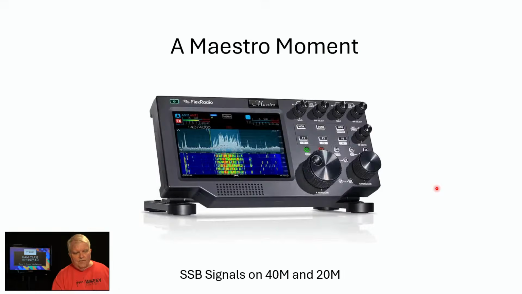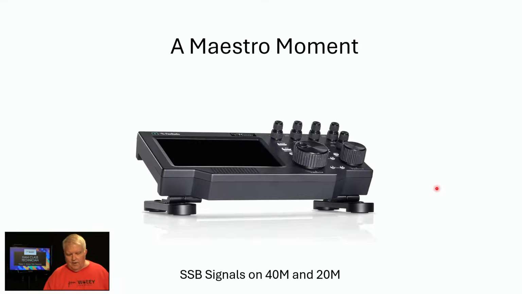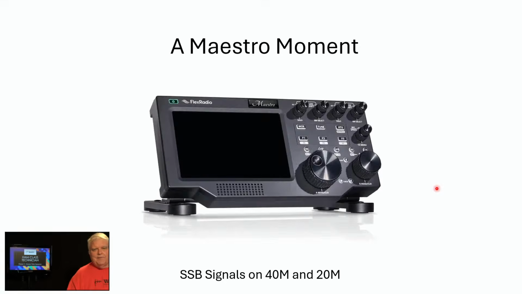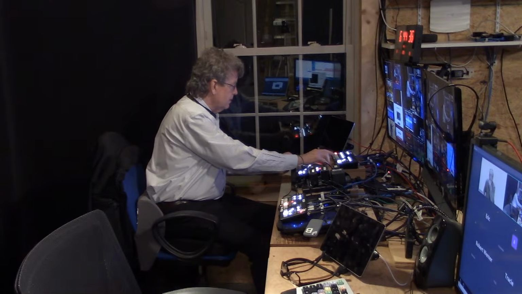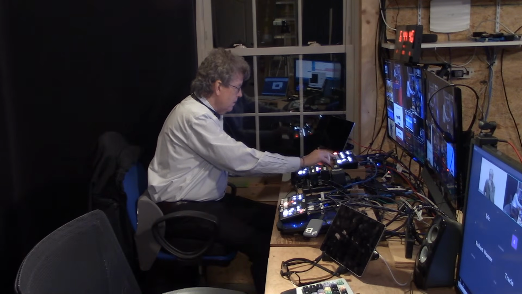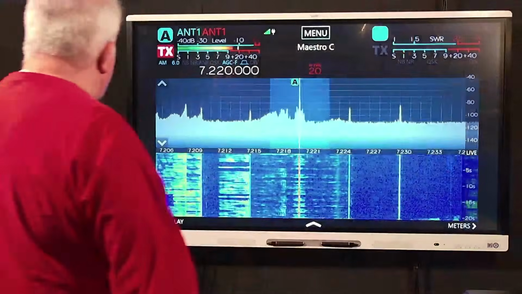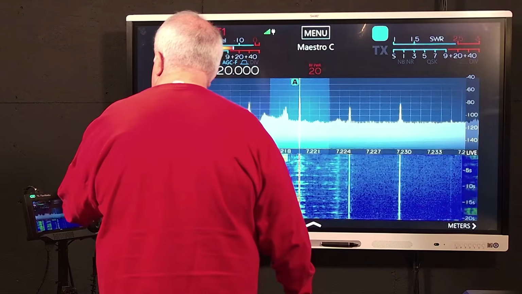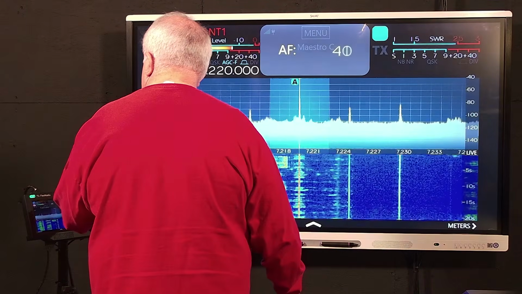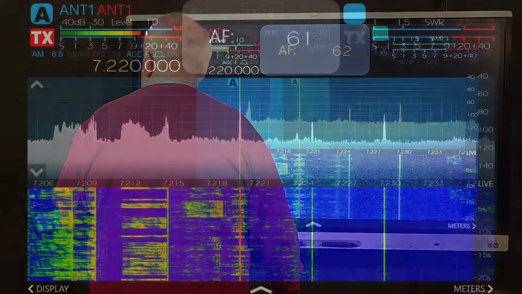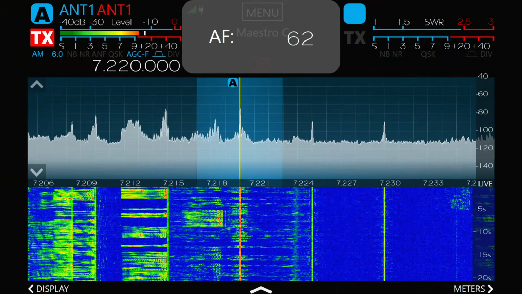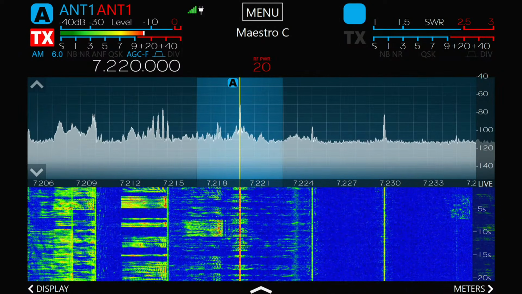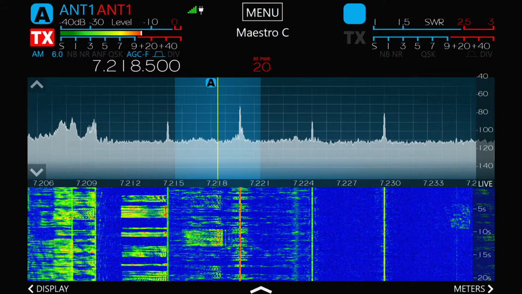All right, let's go back over to the Maestro just for a second. I want to look for some single sideband signals. So here we are on the same radio, same signal that we were on before. We're in the AM mode. I'm going to tune the radio now down to some single sideband signals.